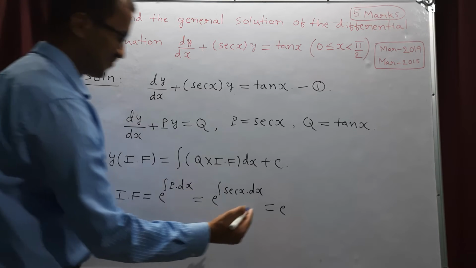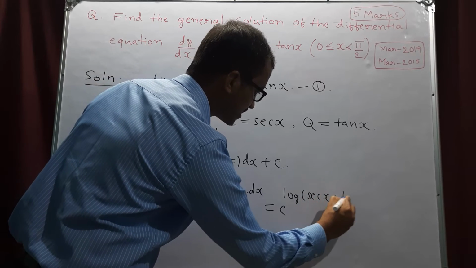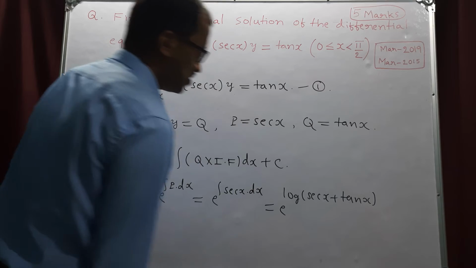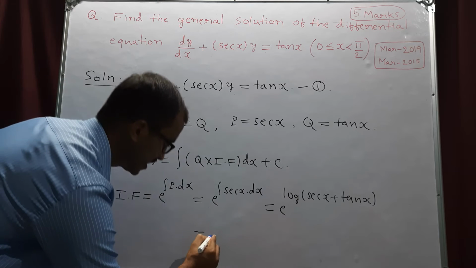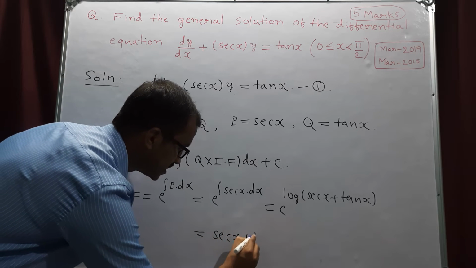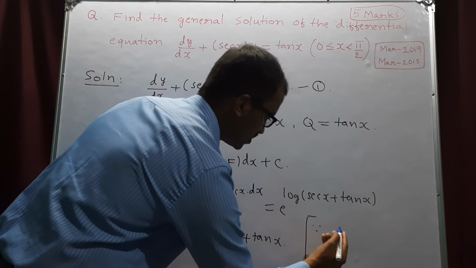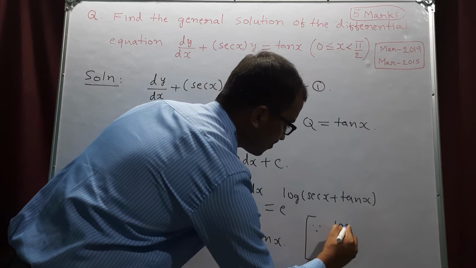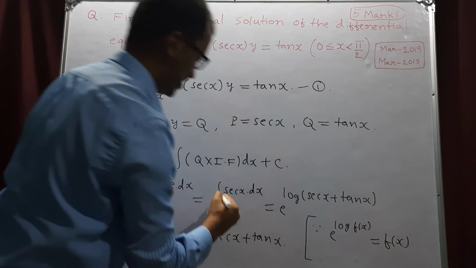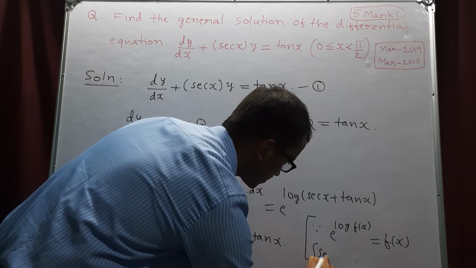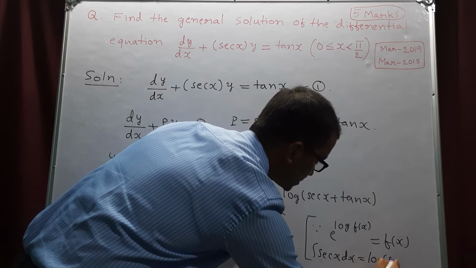We know that integration of secant x is log of secant x plus tan x. So that is equal to e power log of sec x plus tan x, which we can write as secant x plus tan x, because we know that e power log of f of x is the same as f of x, and integration of secant x is log of sec x plus tan x.